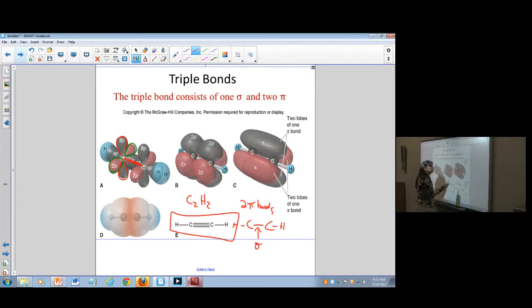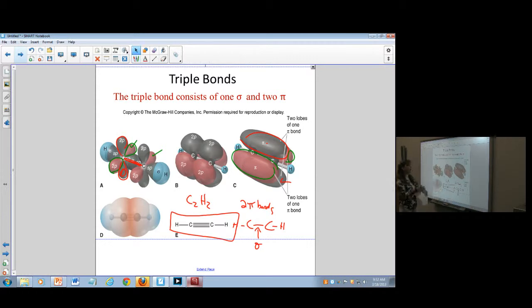And notice here we have these dark p bonds. Notice that there's one above and one below. But we also have these red pi bonds, and that also has one above and one below. So we have 2 areas of pi bonding there.